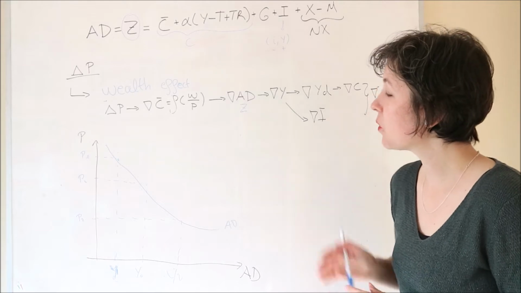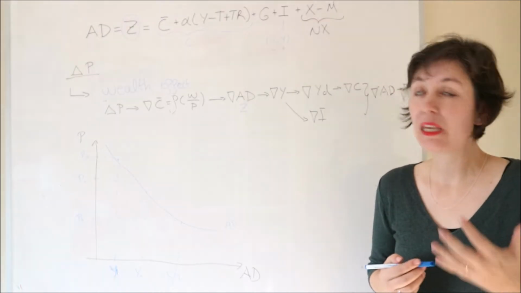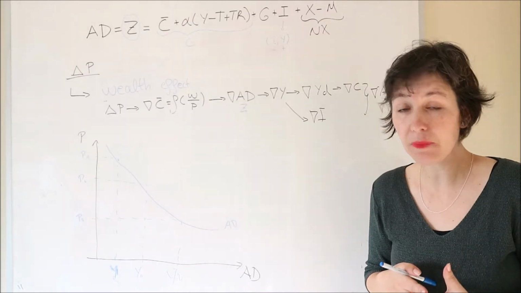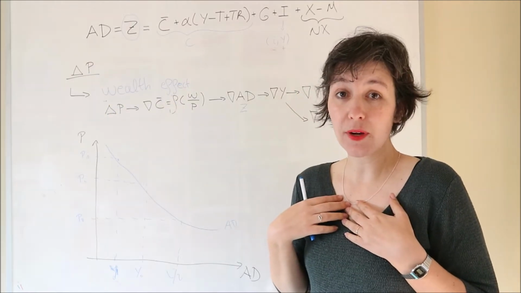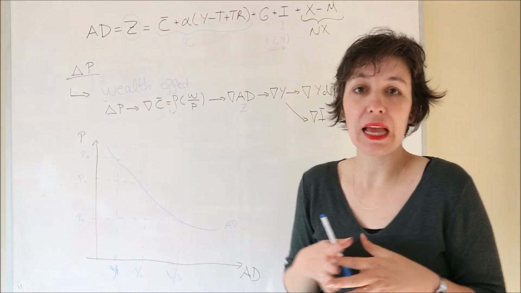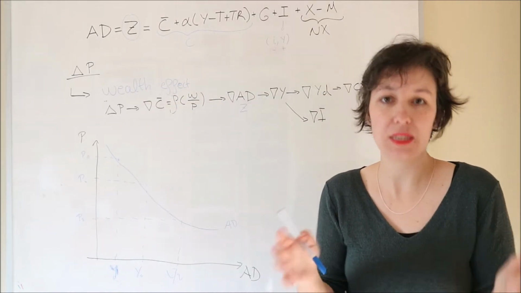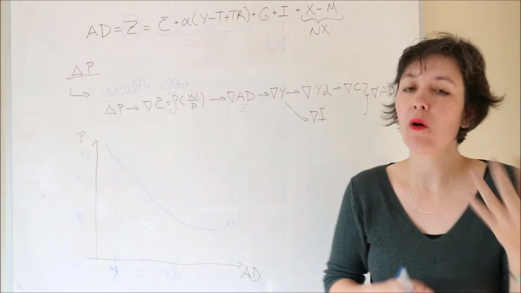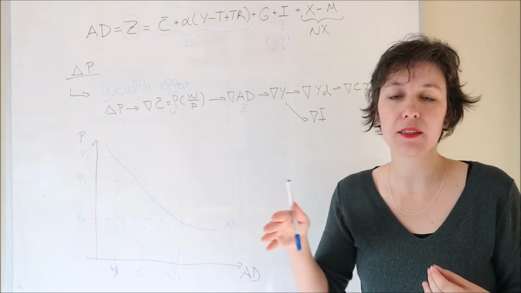Okay, here we are going to start with the wealth effect. Just here I have to remind you what is behind the aggregate demand. Remember that I usually talk about aggregate demand, but also you can see C as the aggregate demand of a hypothetical good, which is C. Okay, so the aggregate demand of one economy is all the consumption coming from the different economic agents in that economy.